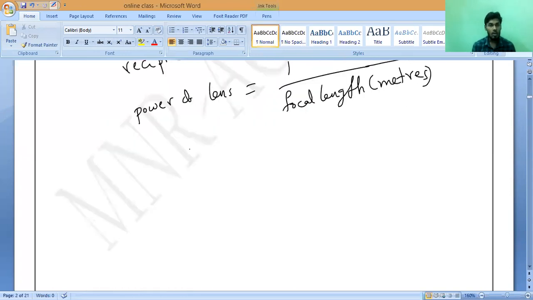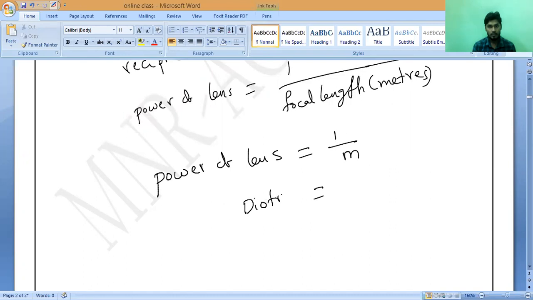So you can remember that power of a lens is equal to 1 by meters. 1 by meters is equal to dioptres. 1 dioptre. Dioptre D is equal to 1 by meter.